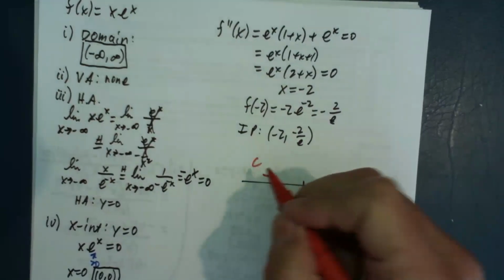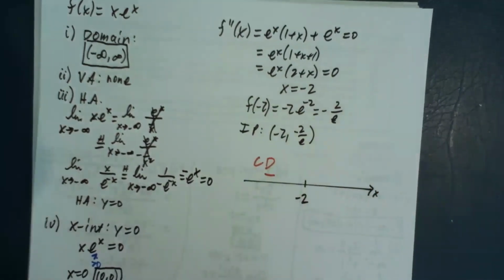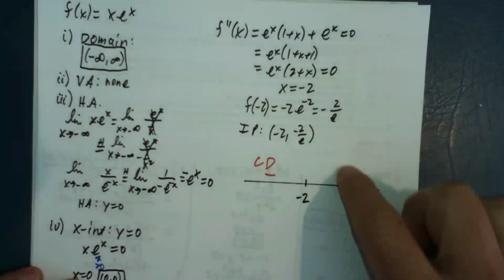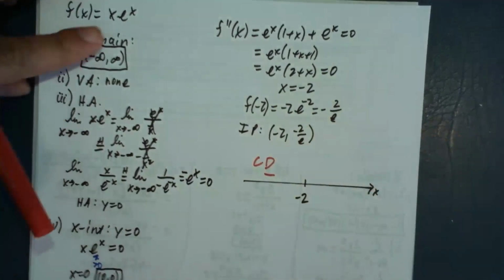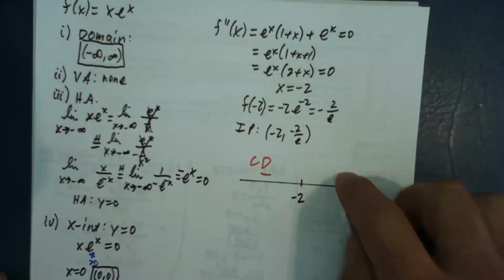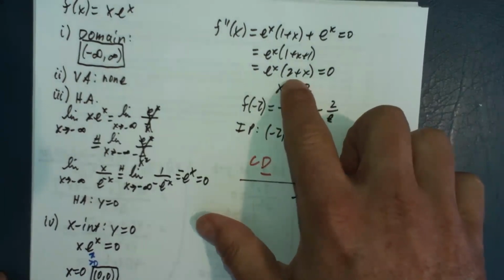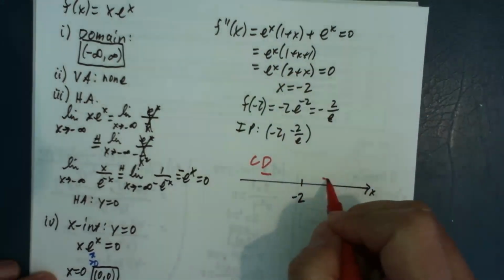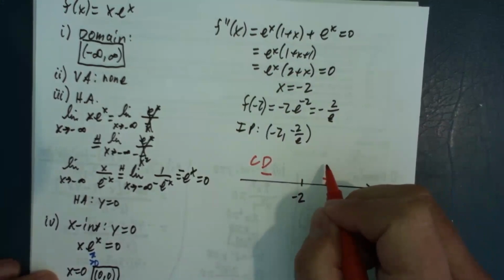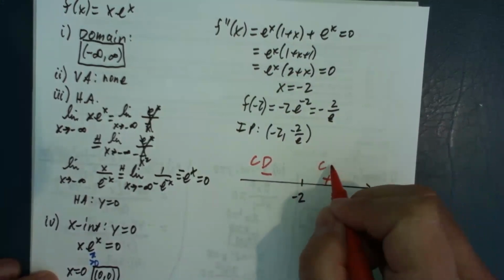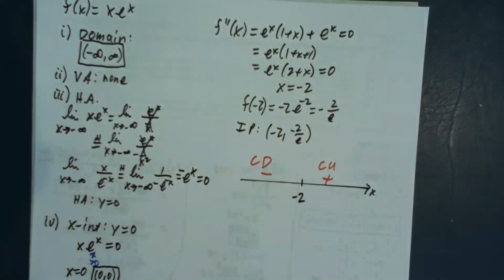This means that we are concave down, meaning it's like this. And on this side, let's pick 0 again. So I plug in 0 there. That's going to be 2 times a positive value, plus. So at negative 2, we change from concave downward to concave upward at the inflection point.